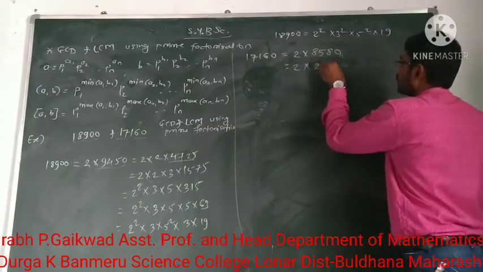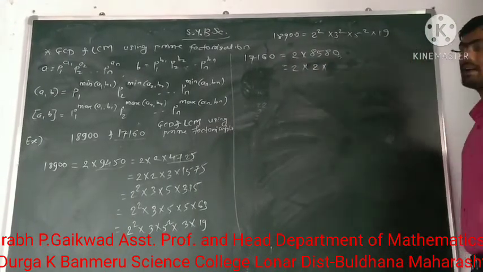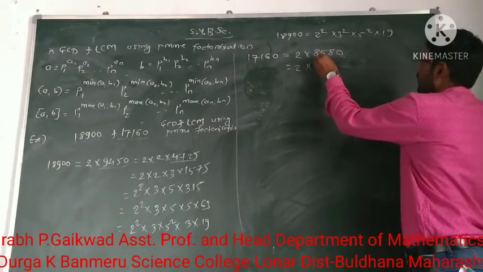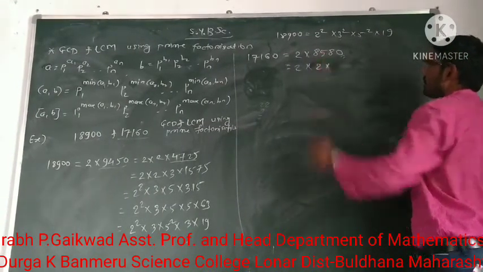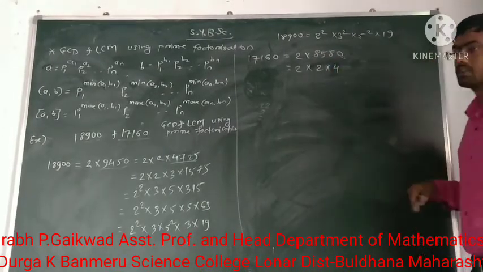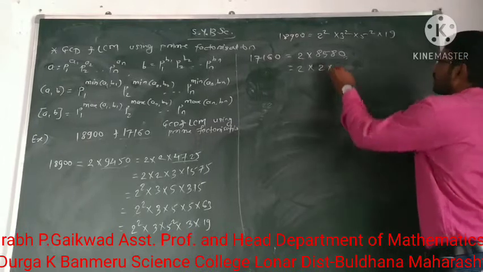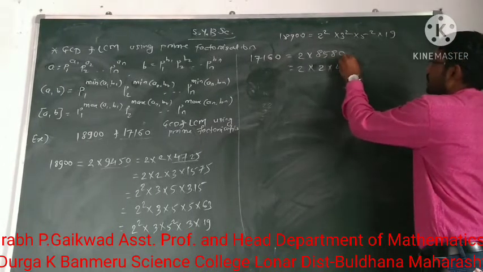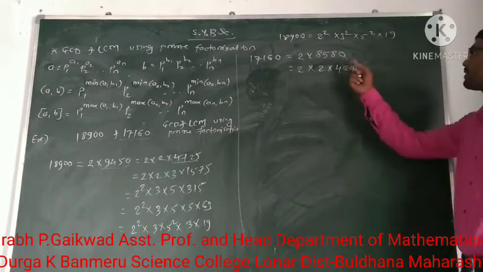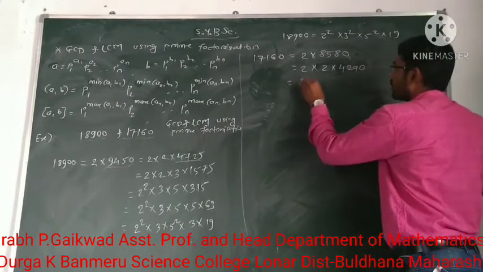So 2 into, dividing 8580 by 2, we will get 4290, into 2. Again, this 2 into 2 is 2 square.